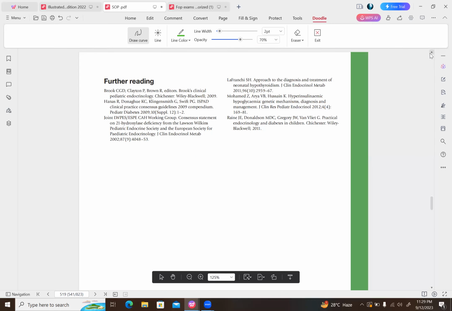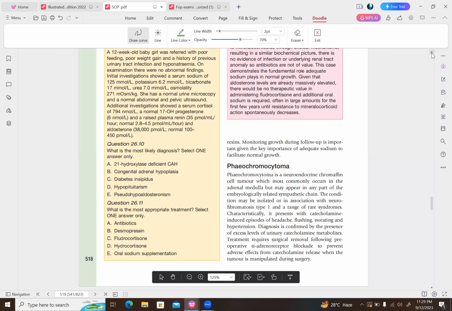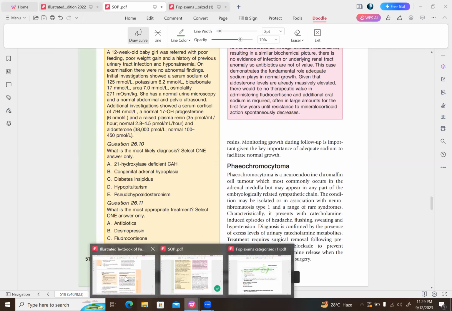Then it must be in the... Okay, wait, let me check in the hard copy, because I used to study from this hard copy. Okay, it's in the illustrated.